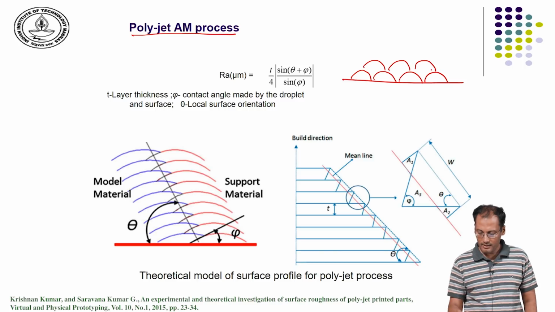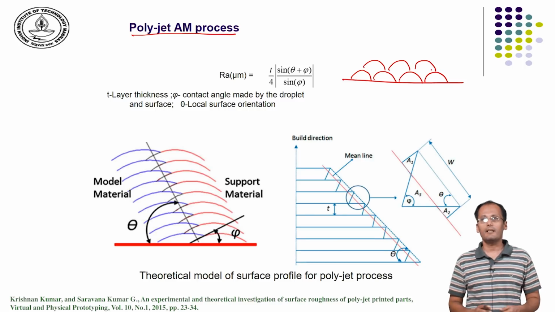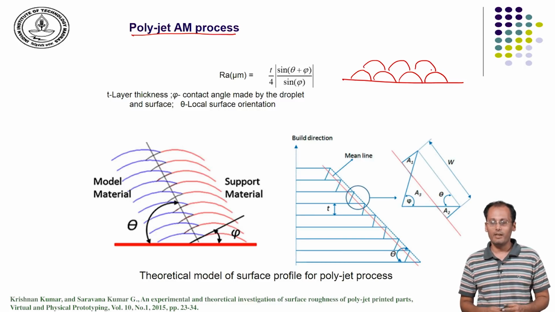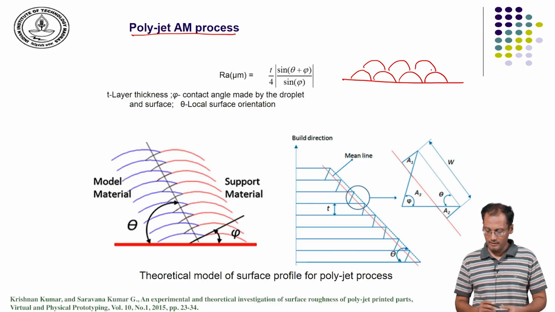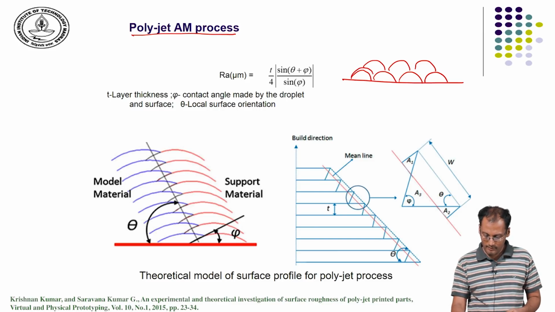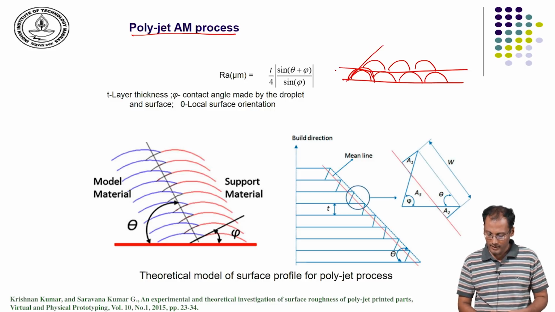Each layer is cured by the ultraviolet light source. So, when such a model is prepared, we can see that the drop shape as well as the part orientation will play a role in deciding what will be the deviation from, say, the intended surface.